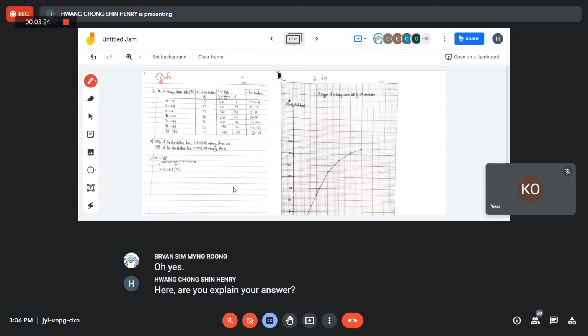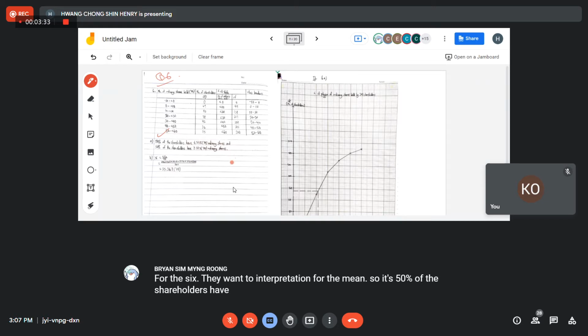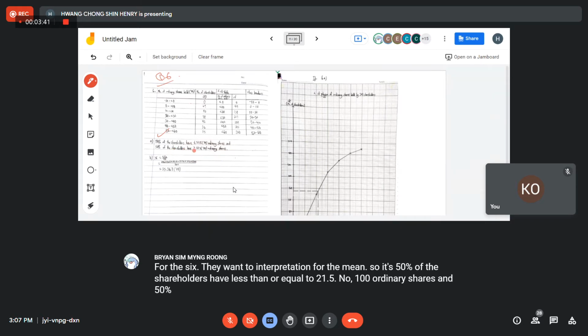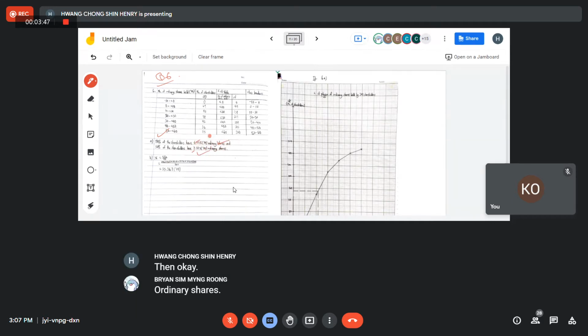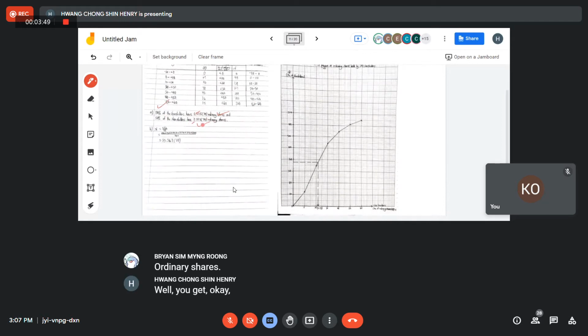For the 6, they want the interpretation for the median. So 50% of the shareholders have less than or equal to 21.5 hundred ordinary shares, and 50% of the shareholders have more than or equal to 21.5 hundred ordinary shares. Okay, this is your correct interpretation.